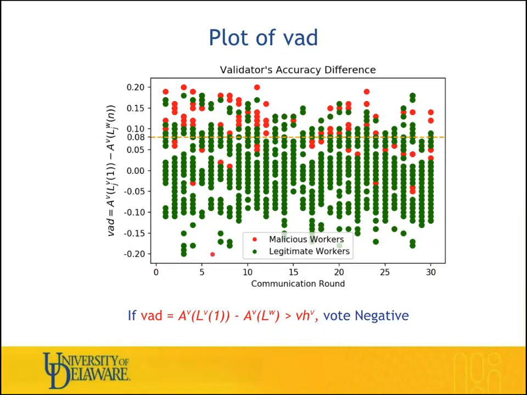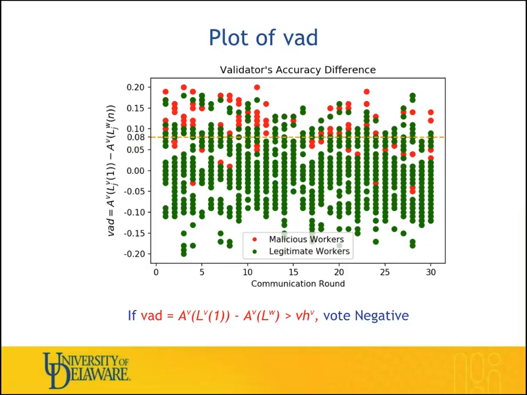Since the execution was an emulation, we could know beforehand whether a validator was validating a model from a malicious device or a legitimate device, right? Which means the worker is malicious or legitimate. The red dots represent the VED value when the local model was from a malicious worker. And the green dots represent the VED value from a legitimate worker.